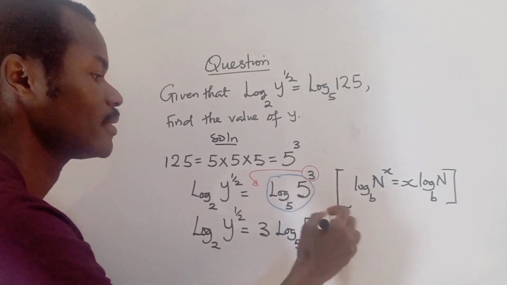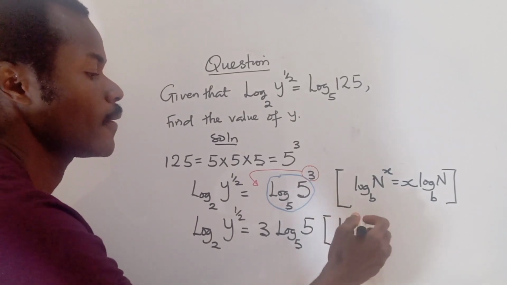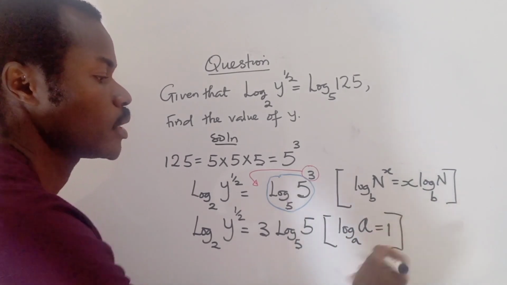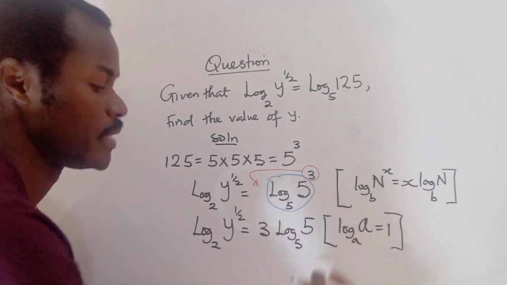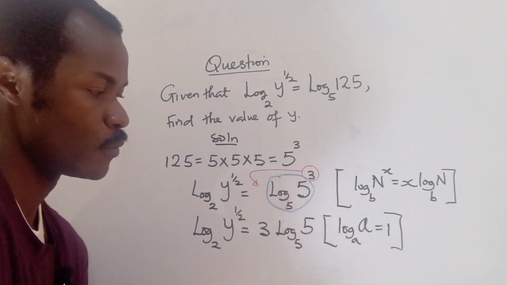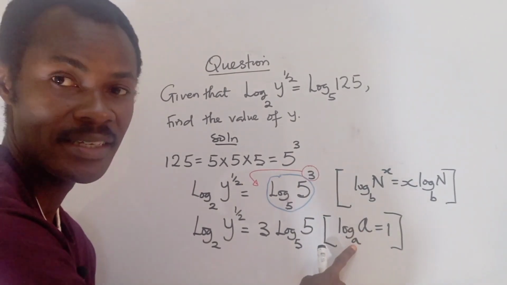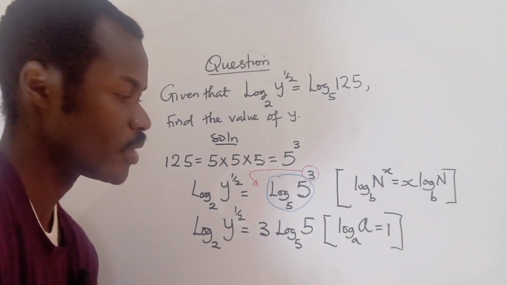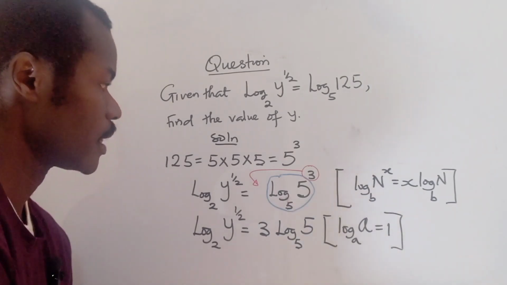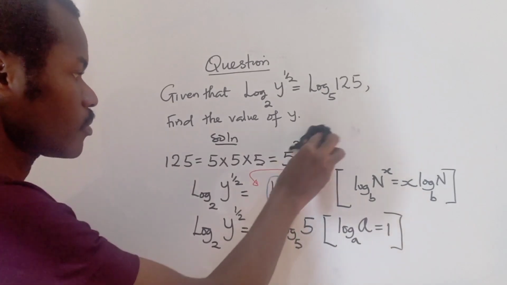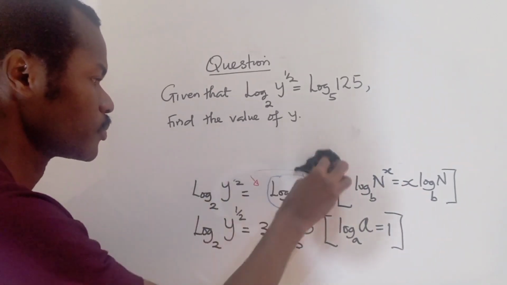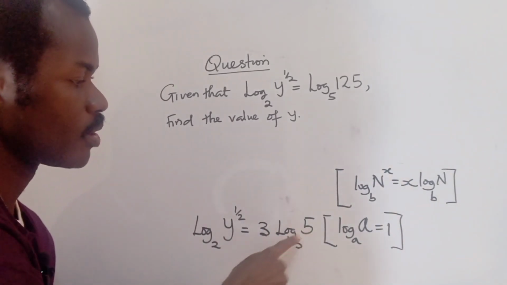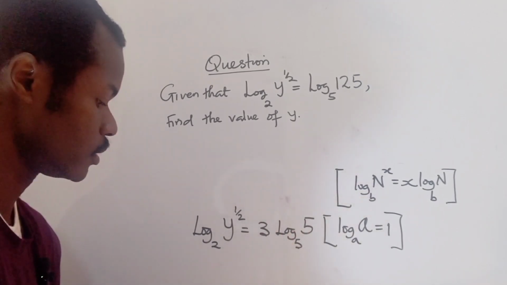Now, like I said, log a base a is equal to 1. When the base and the number are the same, it's always 1. So we apply that here, and this becomes 1, so we have 3 times 1.